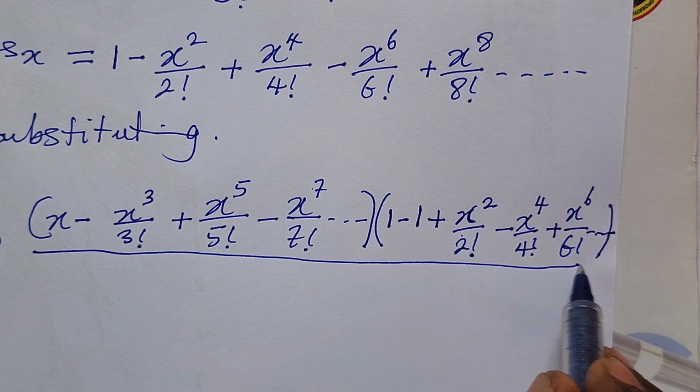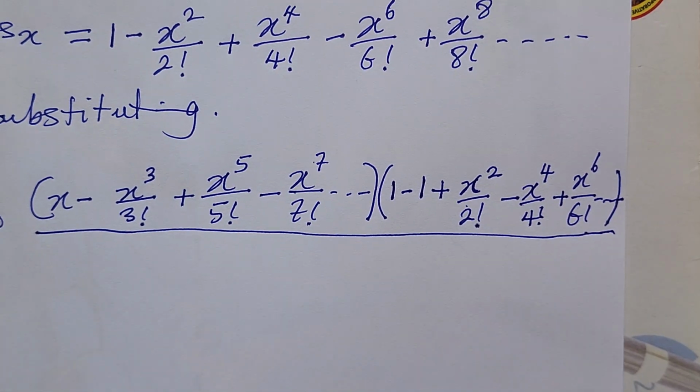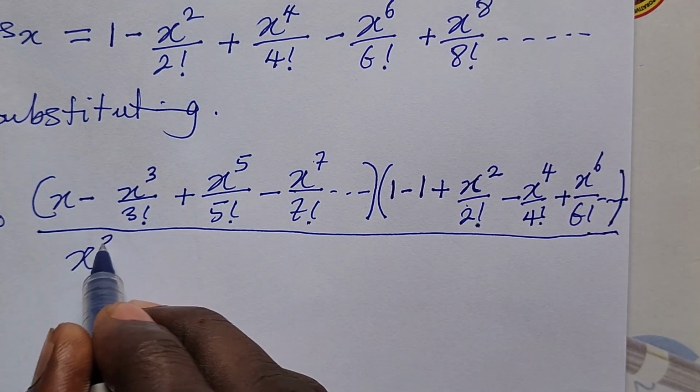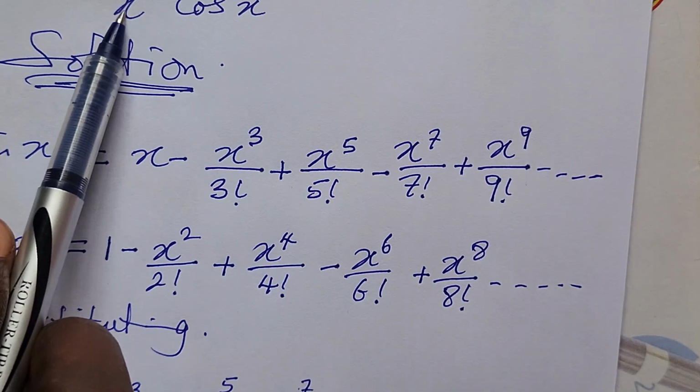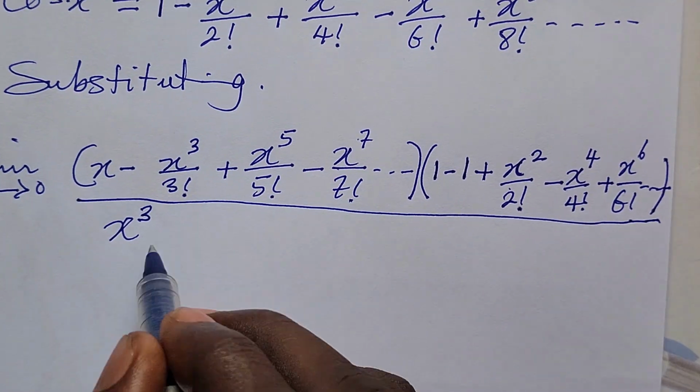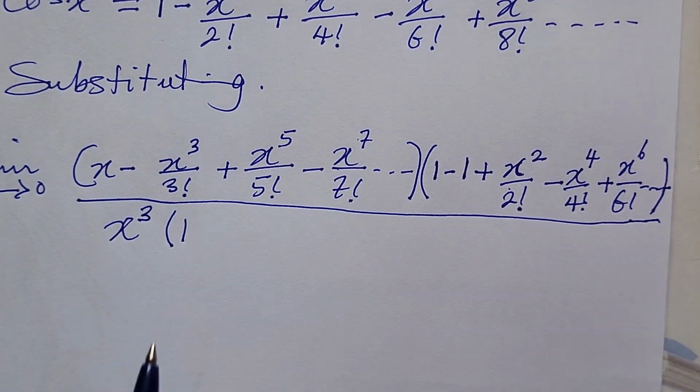Everything is all over x to the power of 3, which is already there, then bracket open 1.